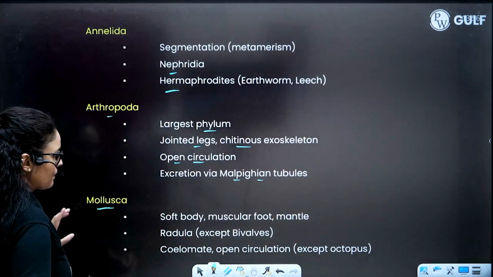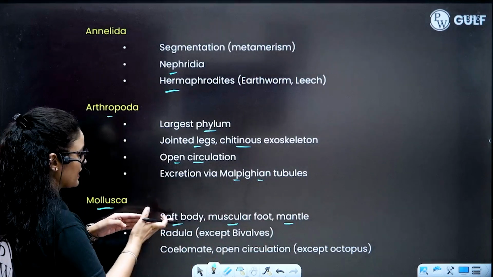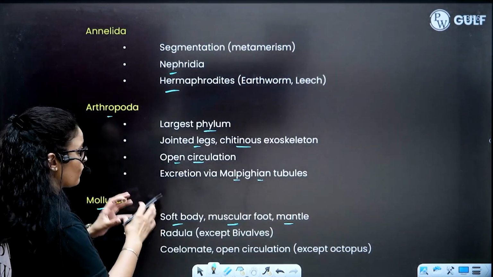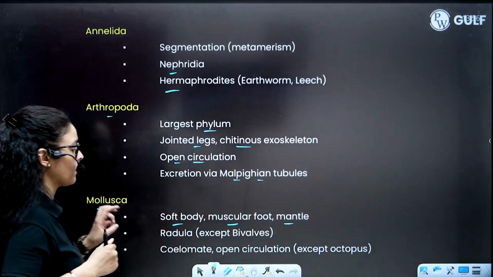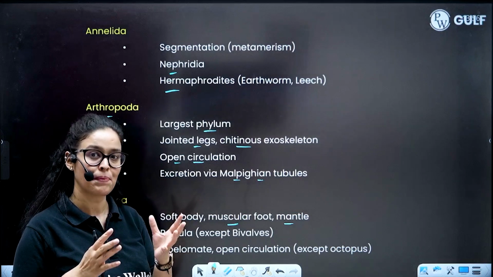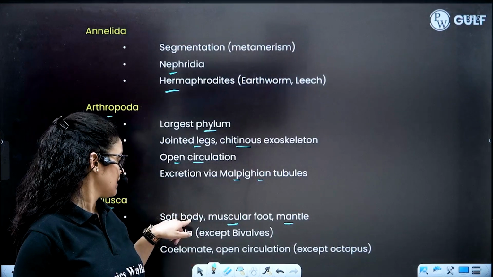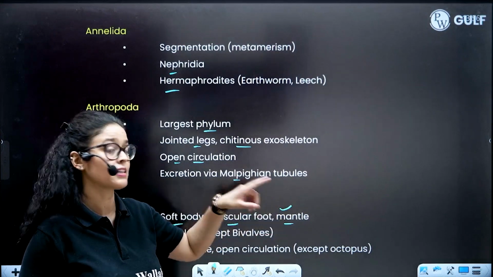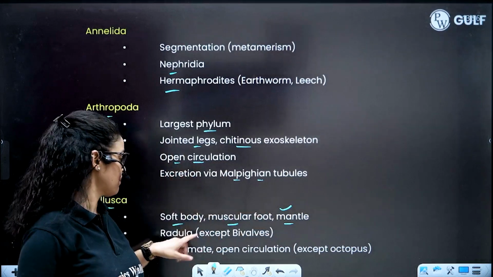Next, when we talk about Mollusca: soft-bodied, muscular foot, mantle. Their body is divided into these three parts, right? They are soft-bodied, they have a muscular foot and a mantle, and their body is divided into basically the head part and then the hump part. They have a special mantle which secretes the shell around their body.